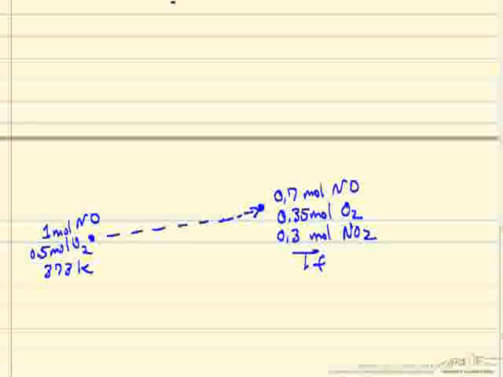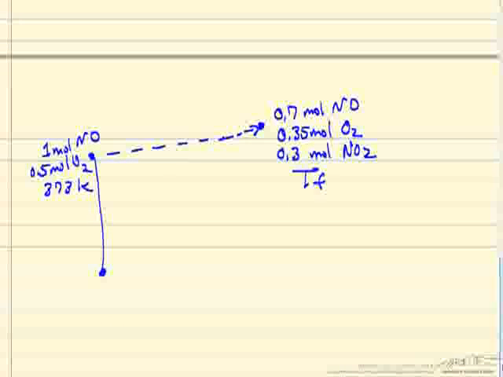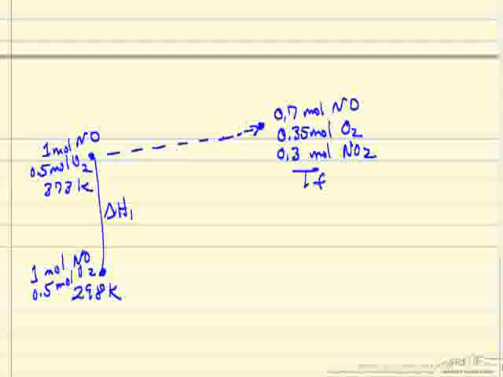And to solve this we're just going to use the idea of state functions. First we calculate what happens if we cool down this feed to 298 Kelvin, namely 25 degrees C. There's going to be some enthalpy change, delta H1, for that process. Then we'll carry out the reaction at 25 C, because we know the heat of reaction at 25 C. So delta H2 is carrying out the reaction.